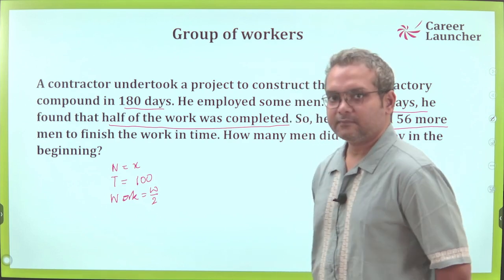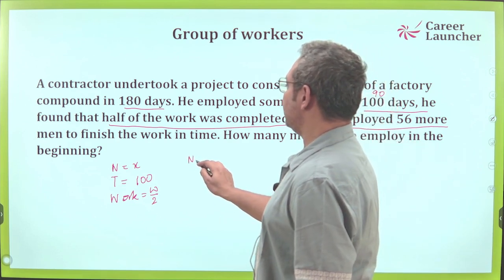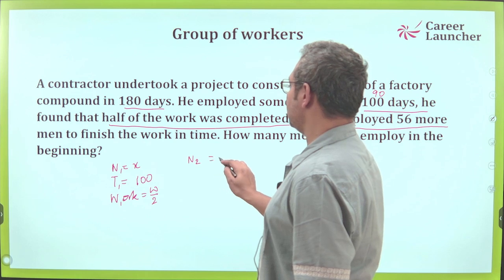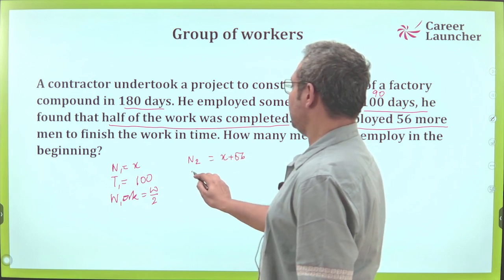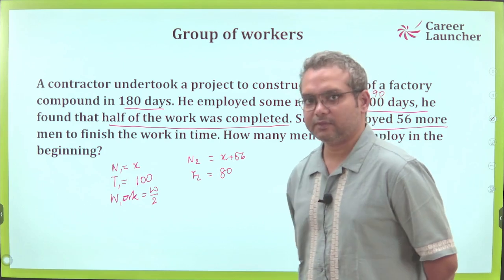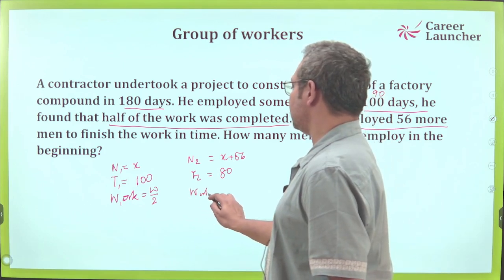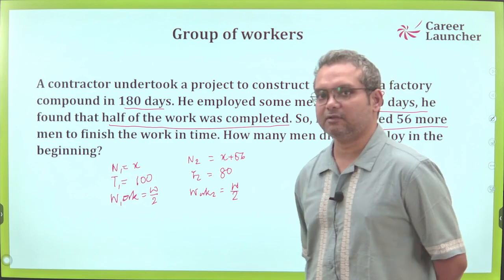Second case, the new N, this is N1, T1, W1, and this is N2, which is X plus 56. T2, he has to complete the job in the remaining 80 days. And the work 2 would also be the remaining half work, right? Half the work is done.